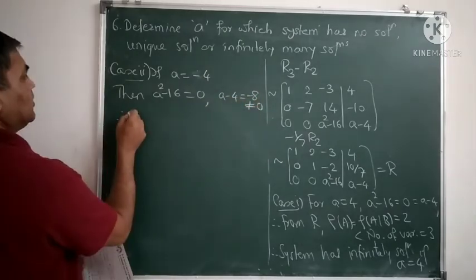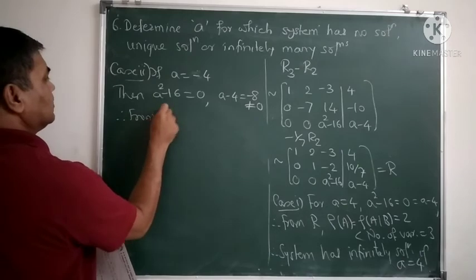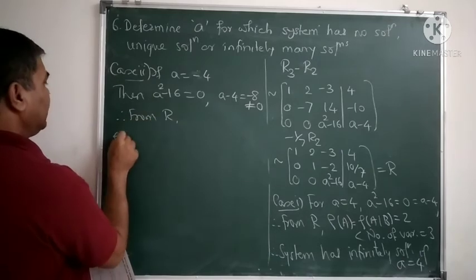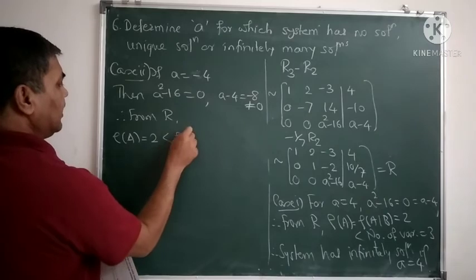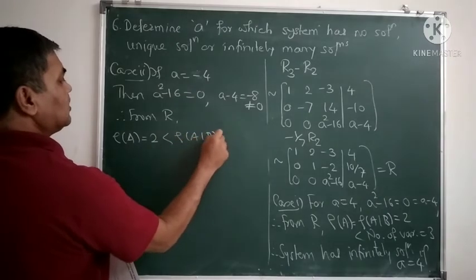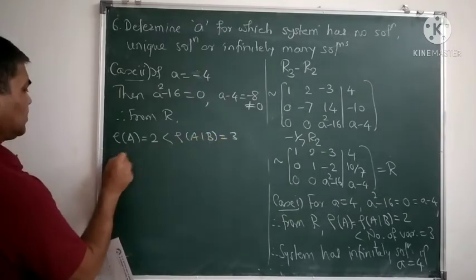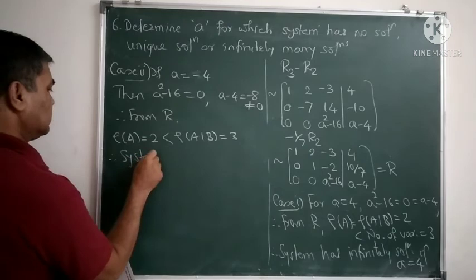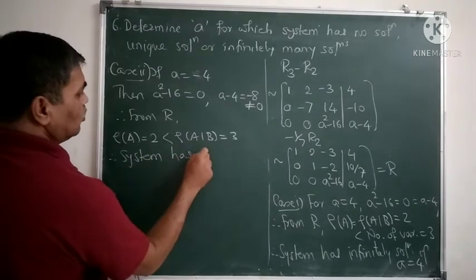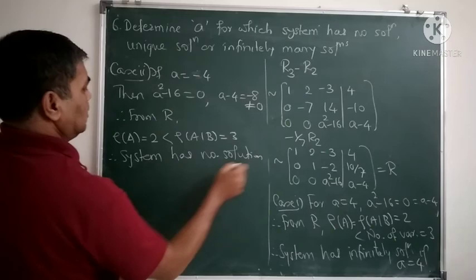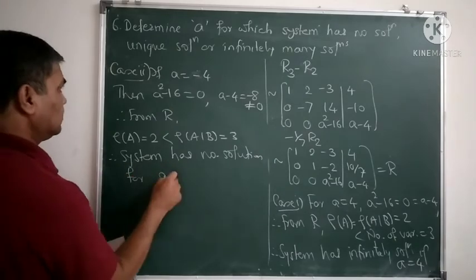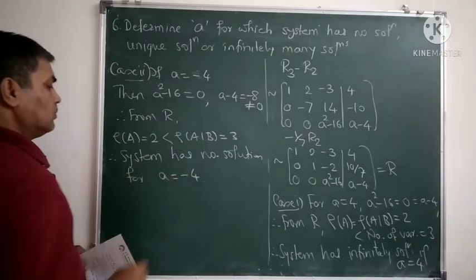Therefore from the rank condition, rank A is equal to 2, which is less than rank AB, which is 3, and therefore the system has no solution for a is equal to minus 4.